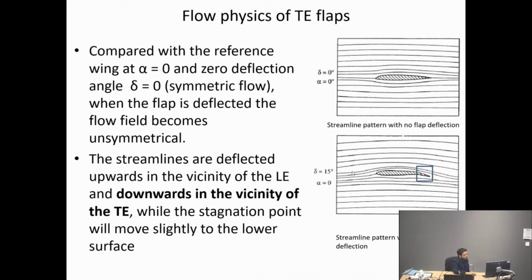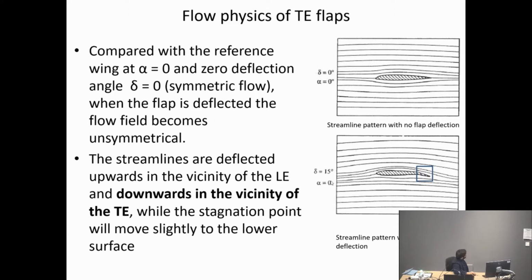So we have here flow pictures of a wing. We're not actually changing the angle of attack of the wing. The angle of attack in this example is 0 for simplicity. And there is a flap towards the end, and we deflect it by a certain angle delta. The top picture shows 0 angle of attack of the wing and 0 deflection.